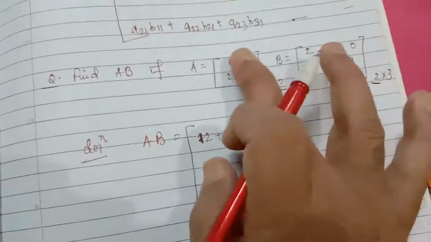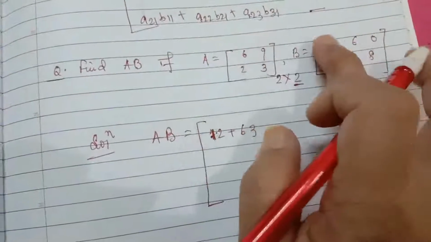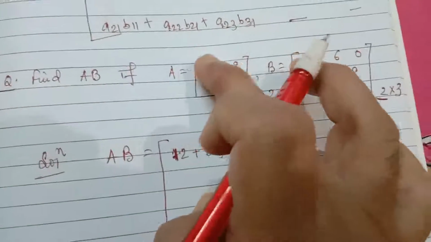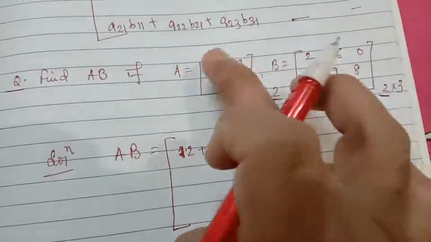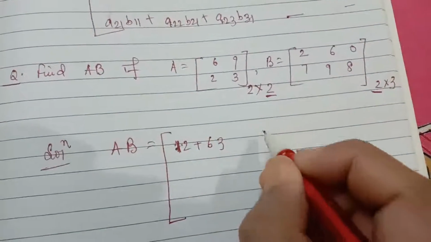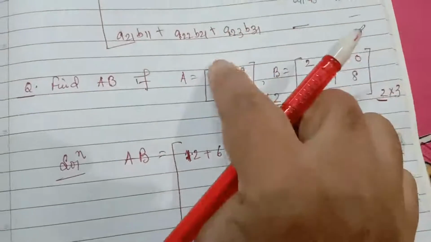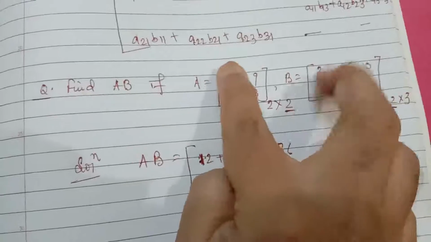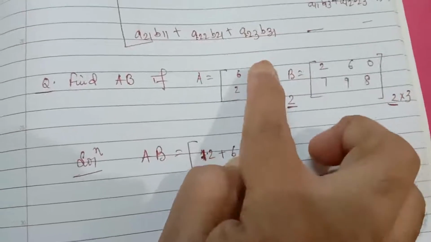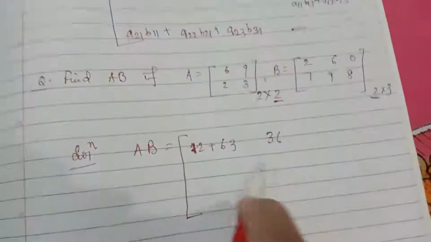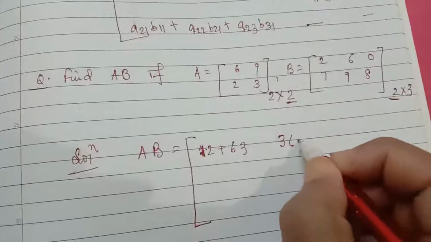Now after multiplying the first row with the first column, we have to multiply the first row with the second column: 6 into 6, 36, first element, plus second element, 9 into 9, 81.